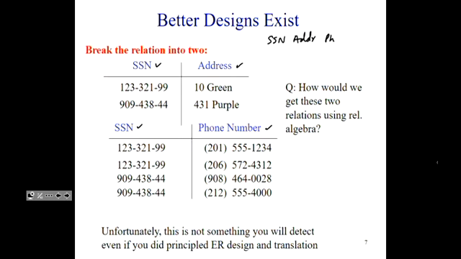This should be straightforward. Using relational algebra, you do a project. It's as simple as that. So you do a project starting from this relation down to SSN and address in this case, and SSN and phone number in this case.